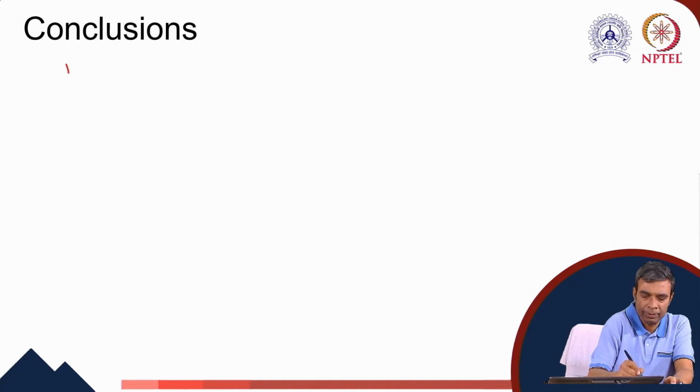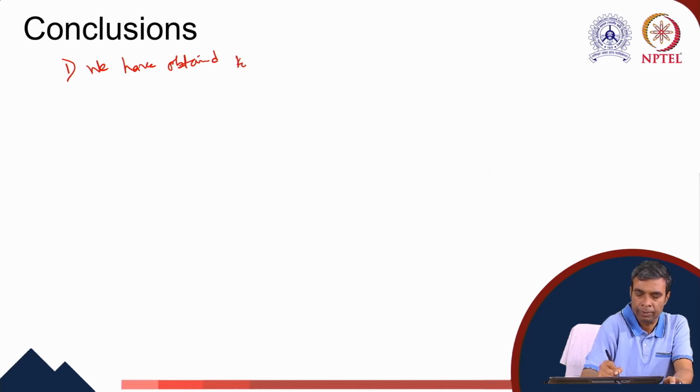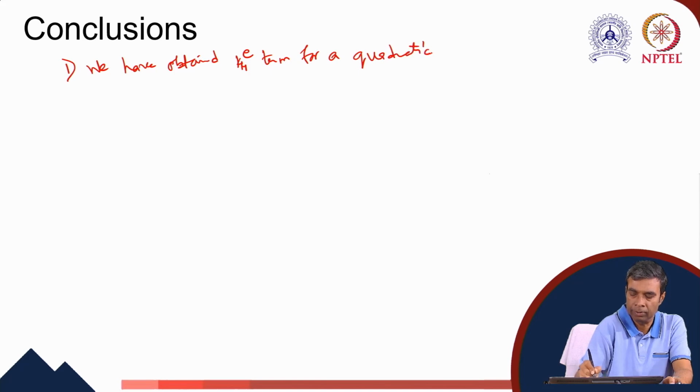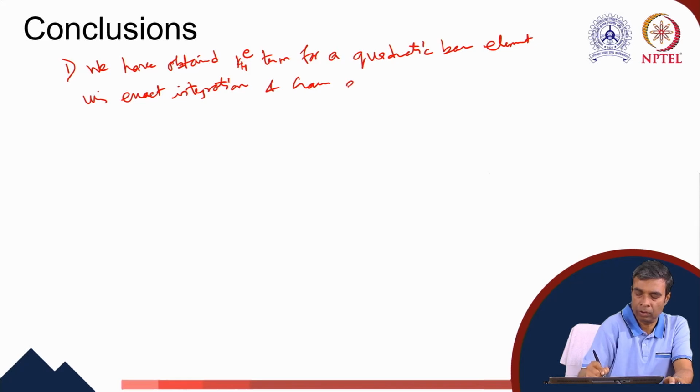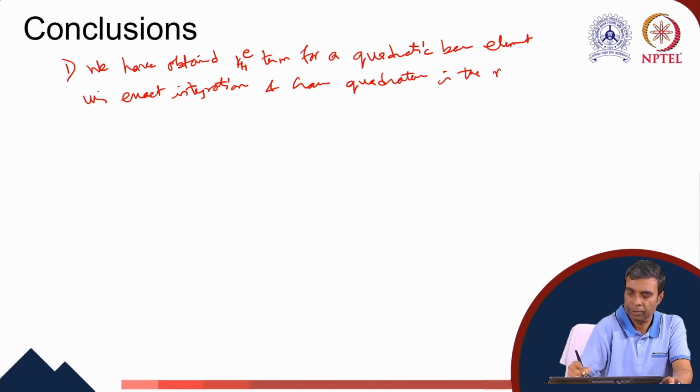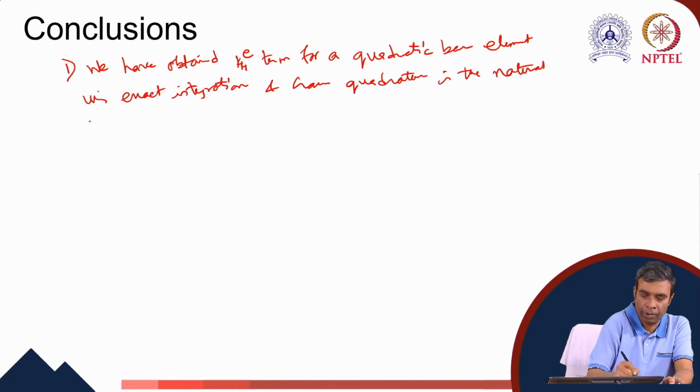In today's class, we have obtained the K11E term for a quadratic bar element using exact integration and Gauss quadrature in the natural coordinate system.